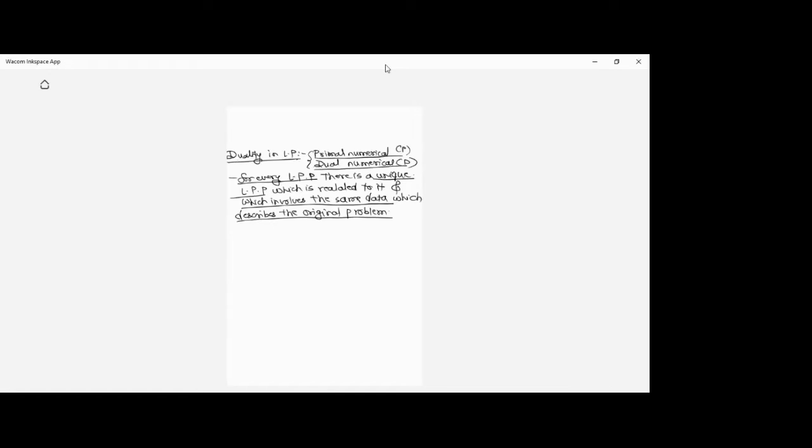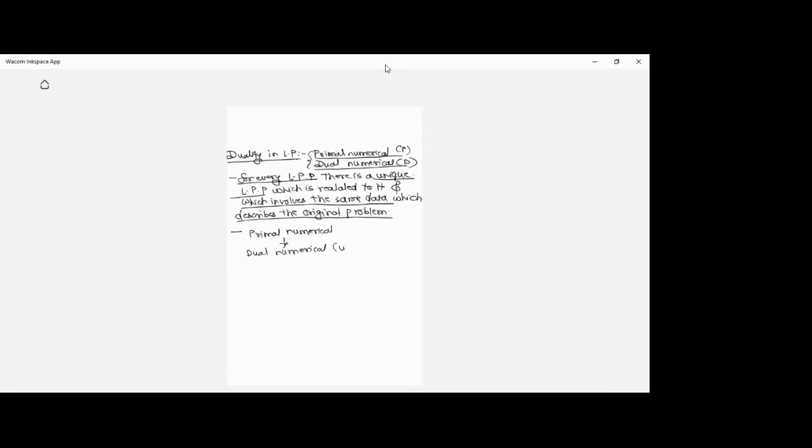Now I want to tell you more. Let's consider simple language for explaining duality in an LP problem. There will be a primal numerical, and I can convert a primal numerical into a dual numerical, right?